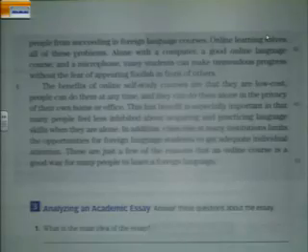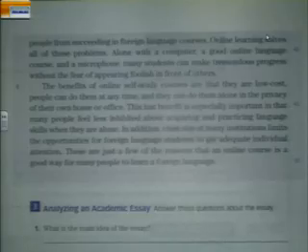Online learning solves all of these problems alone with a computer, a good online language course, and a microphone. Many students can make tremendous progress without the fear of appearing foolish in front of others.